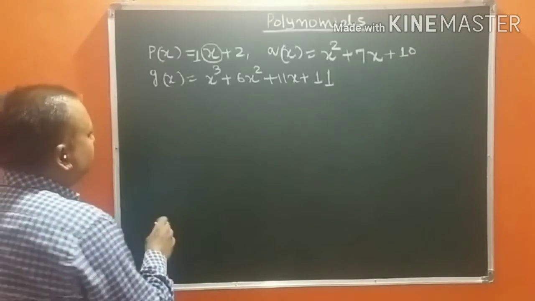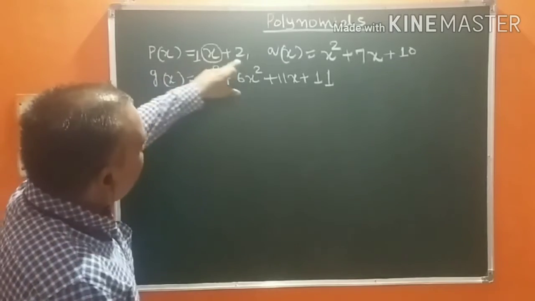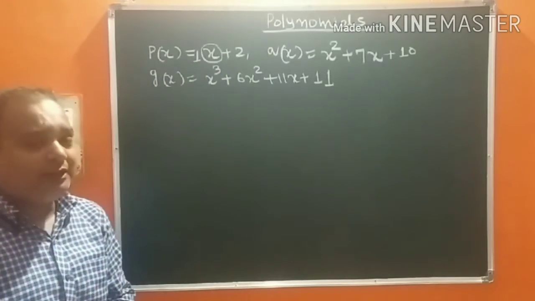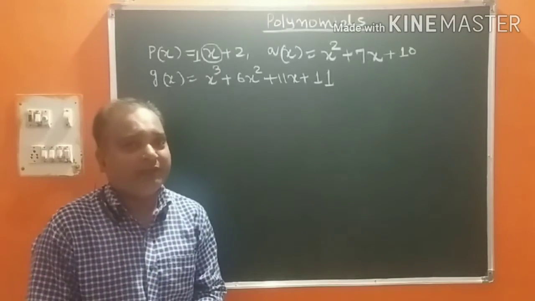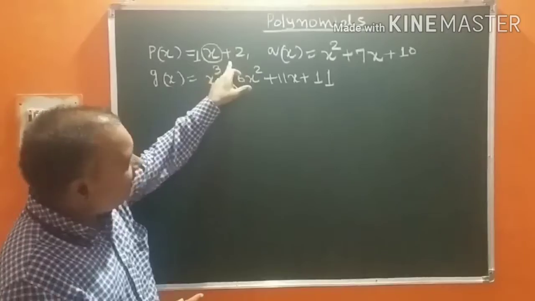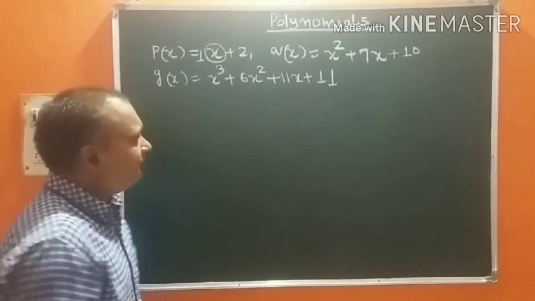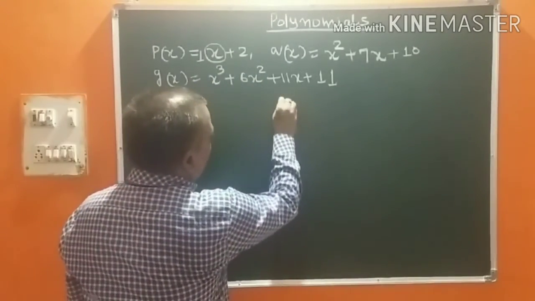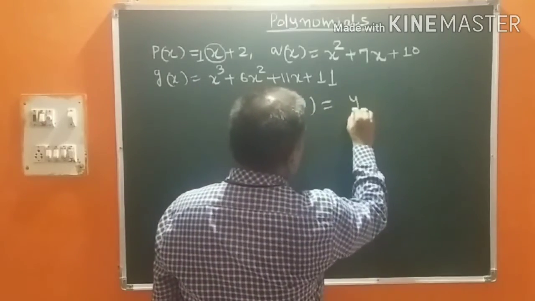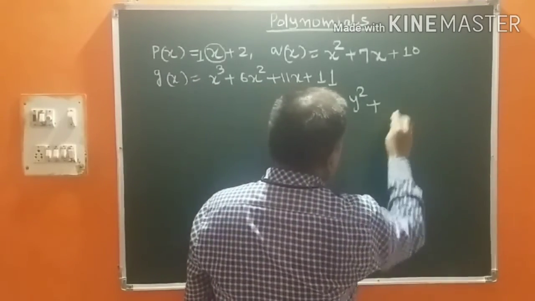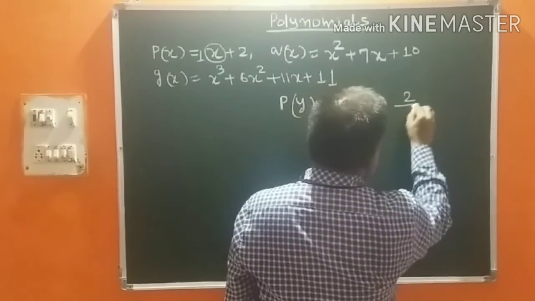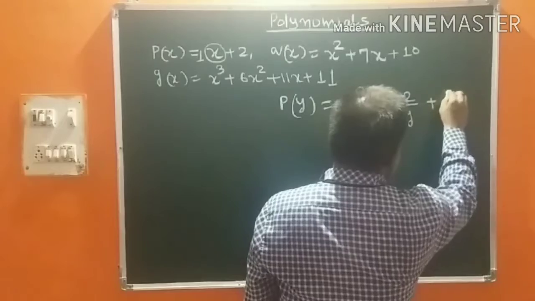Now next, look at in all polynomials, the power of variable is a whole number. Clear? The power of variable will be a whole number. Suppose I write p(y) equal to y square plus 2 upon y plus 1.